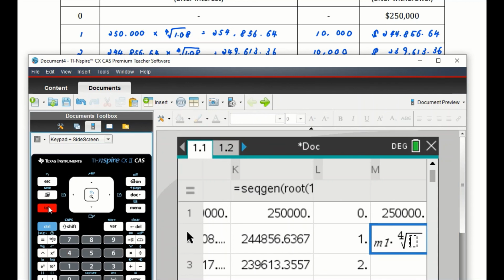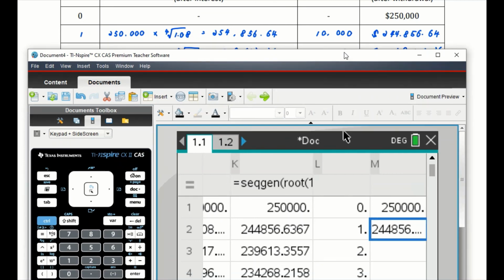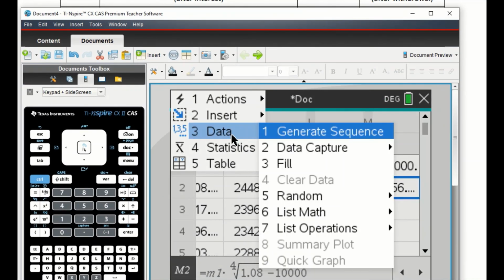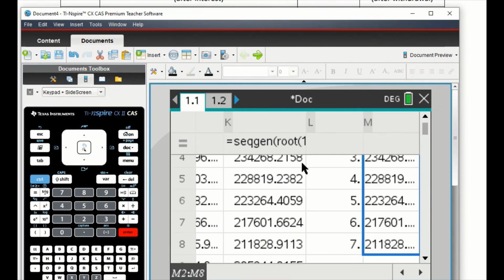Then tap, go inside, then 1.08. After you get this value, minus off 10,000, then press enter. You should get the exact same value. Then go to this cell, then menu, data, fill, go down and fill everything. We should get exactly the same answer.